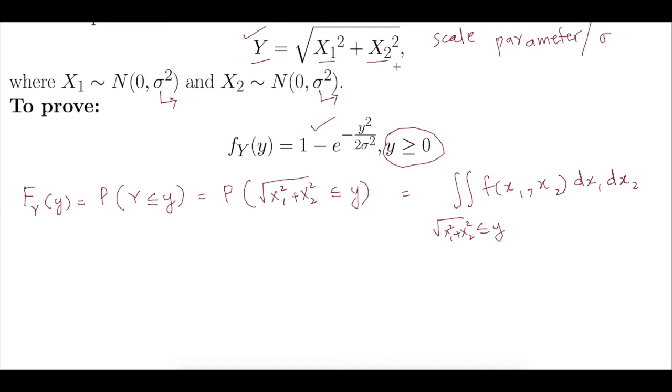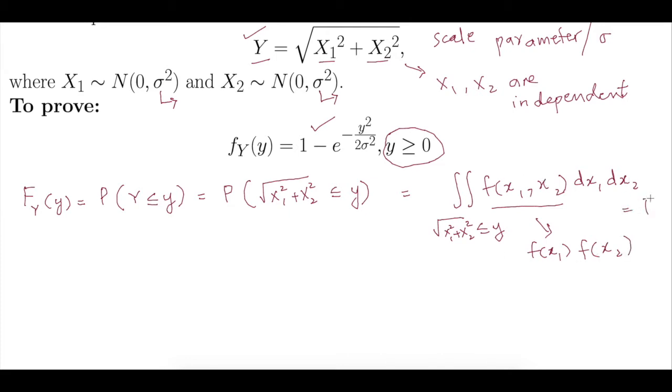Now here we also have to say that x1 and x2 are independent. If they are independent, this is the product of the marginals. Correct?